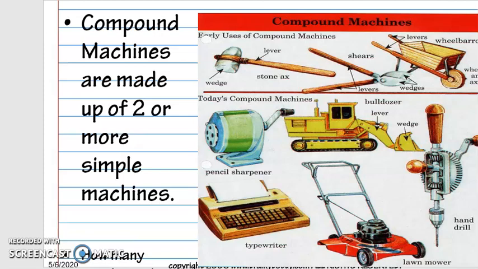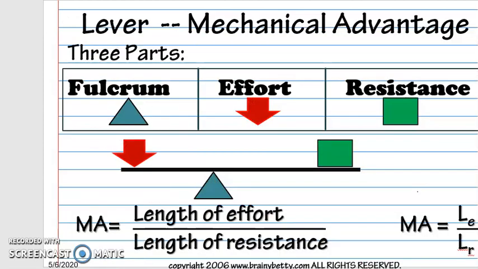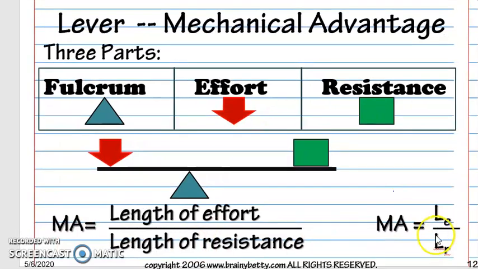Here we go. So when you're going to measure the parts of a lever to get the length of the effort over the length of the resistance, make sure that you're measuring from the fulcrum. So from the fulcrum to the middle of the effort is the length of your effort.